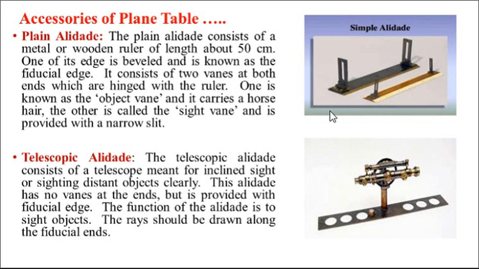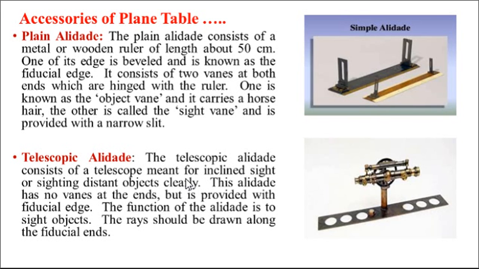Then second type of alidade is called as telescopic alidade. Telescopic alidade consists of a telescope meant for inclined sight or straight sight which are away from the plane table station. This alidade has no vanes at the ends but is provided with fiducial edge or working edge.